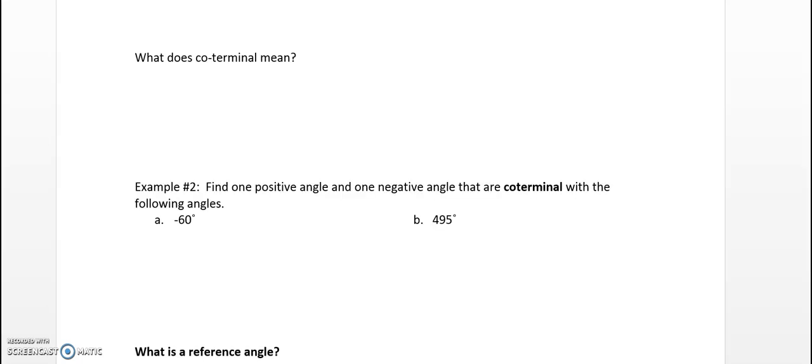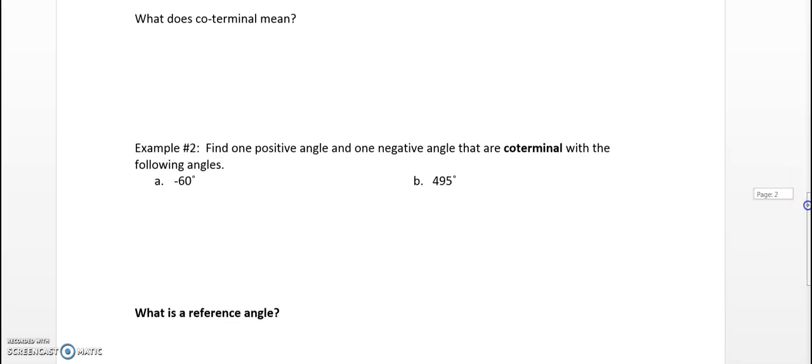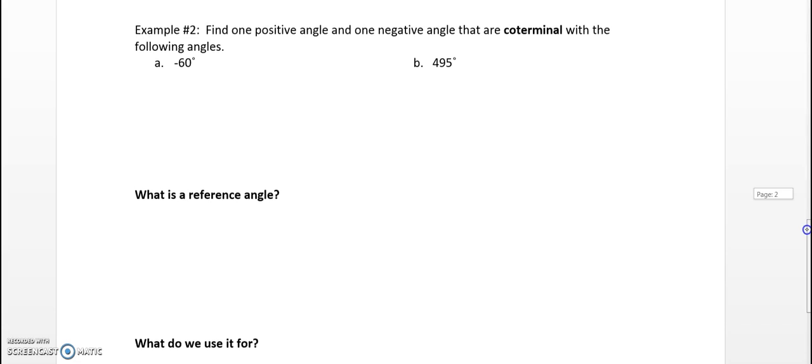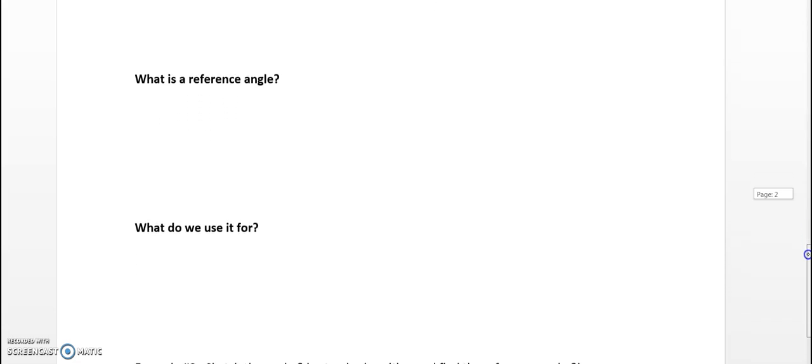All right. So coterminal I'm actually going to deal with later if I have enough time. If not, you will do it in class. I'm going to skip down to where it says what is a reference angle.